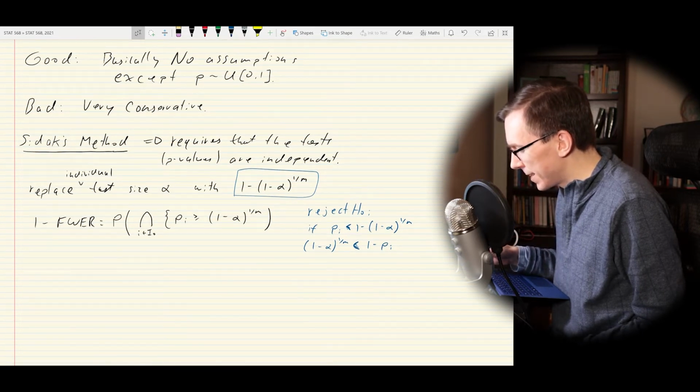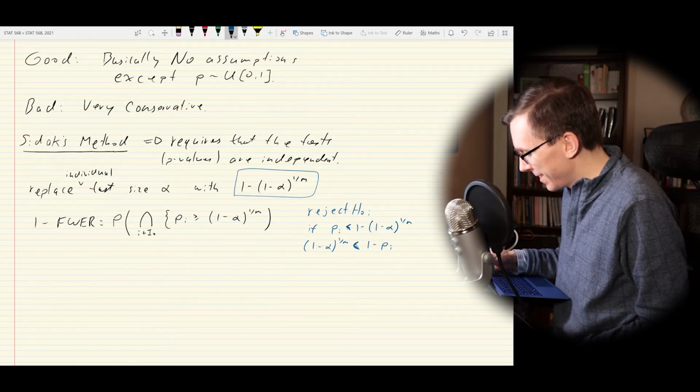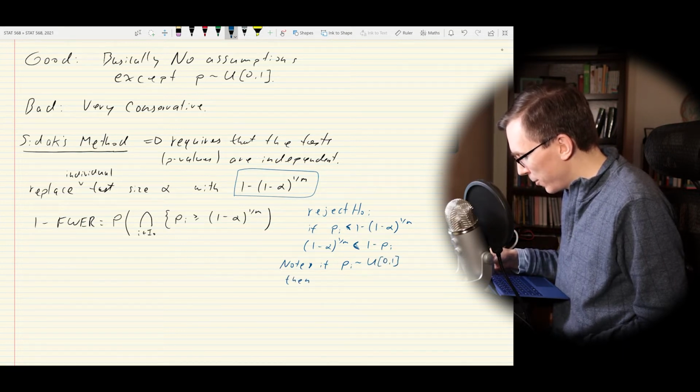I was skipping a lot of steps, because we should note that if pi is uniform 0, 1, then 1 minus pi is also uniform 0, 1.